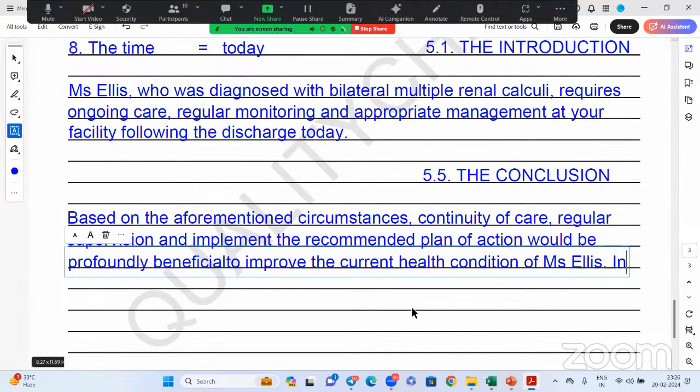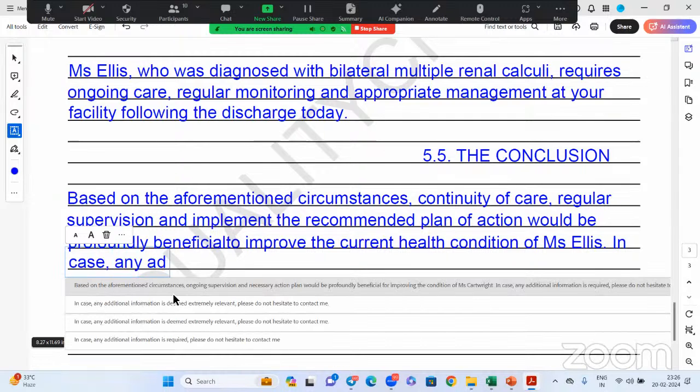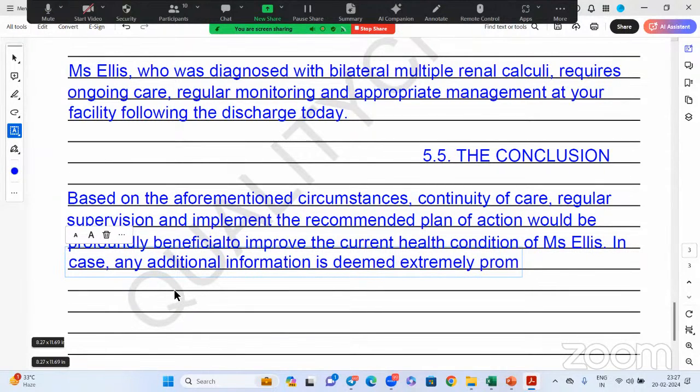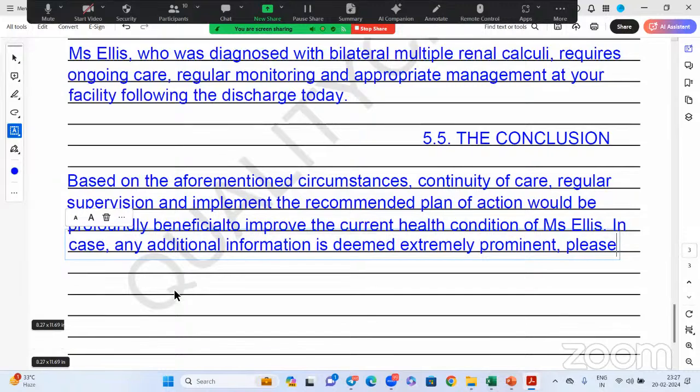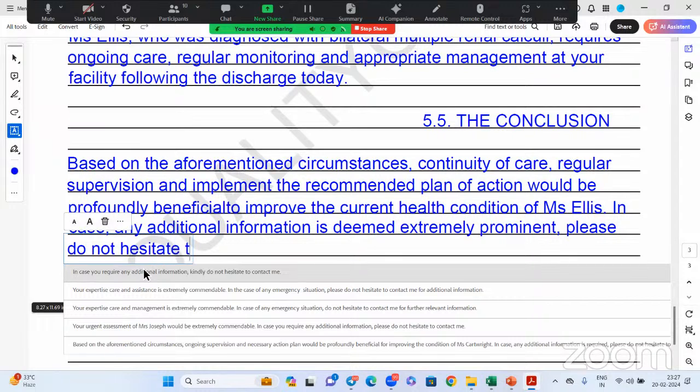In case, comma, any additional information is deemed extremely prominent, comma, please do not hesitate to contact me.